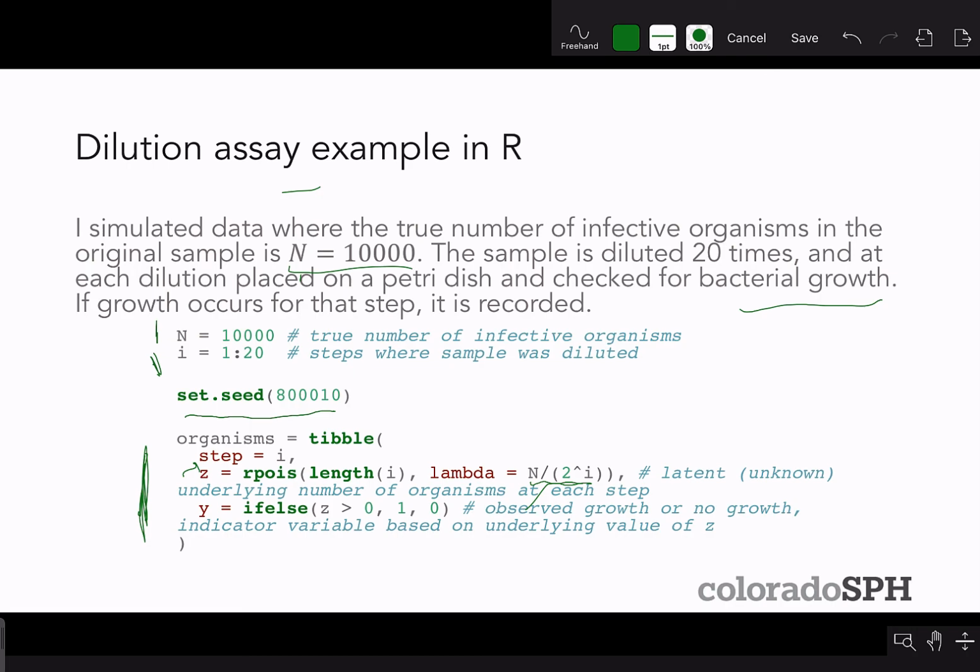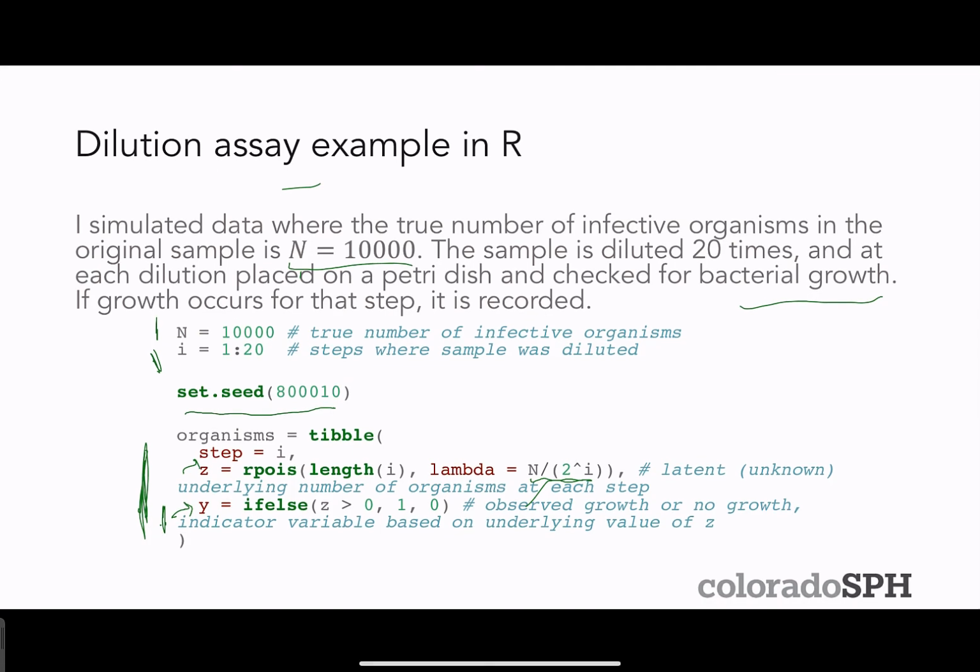We don't know the true number of organisms because we can't measure that. And we're also going to calculate this y variable, which says for each of those different petri dishes at each step, that can take on a value of 0 or 1 based on if there are any organisms in that sample. And this is what we actually do observe.